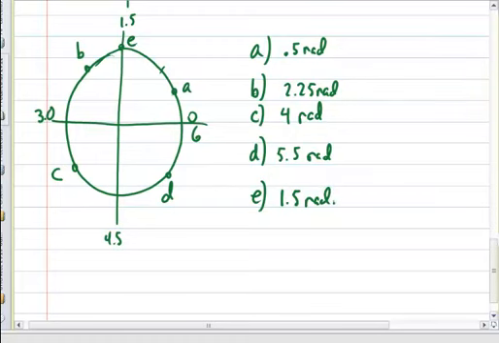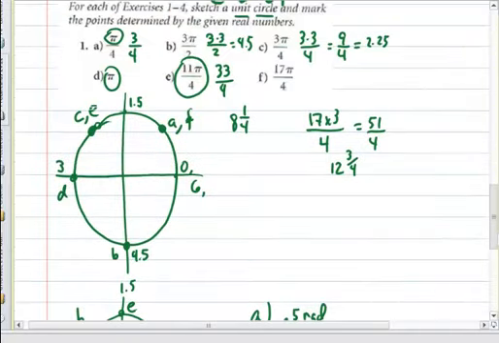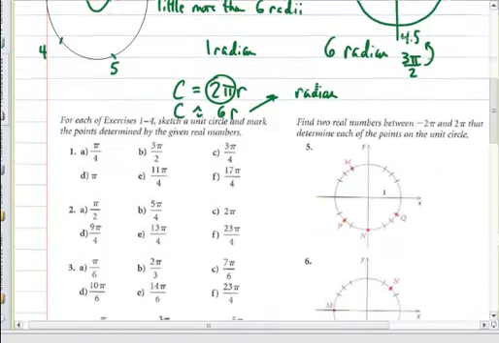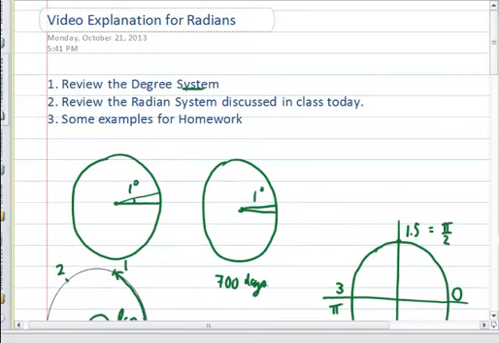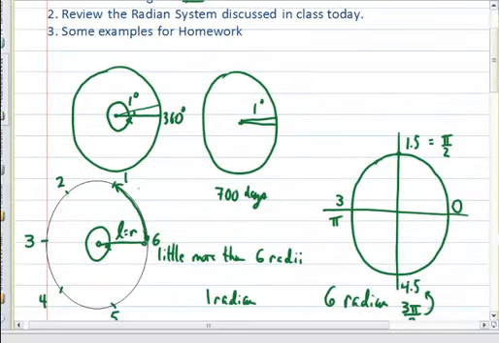So I hope this little bit of a review of what we did today helps refresh your memory. And remember that as far as we're concerned, for just simple use, as you go around a full circle in terms of degrees, it's 360 degrees. But as you use radians, it's just a more simplified system, where instead of having 360 degrees around, they've cut the system up into approximately 6 even parts.